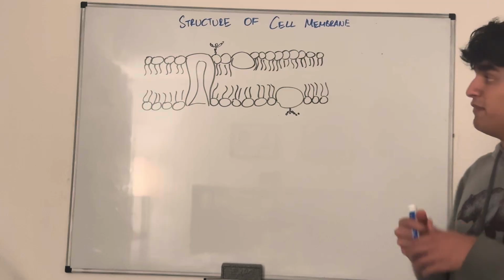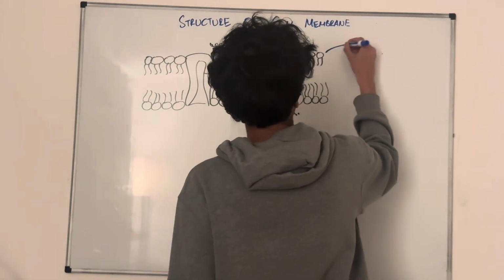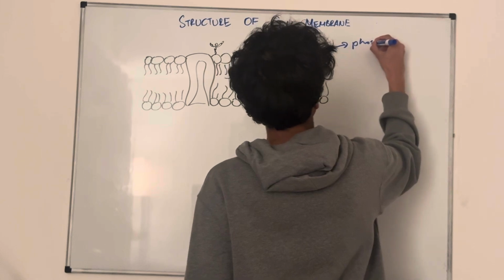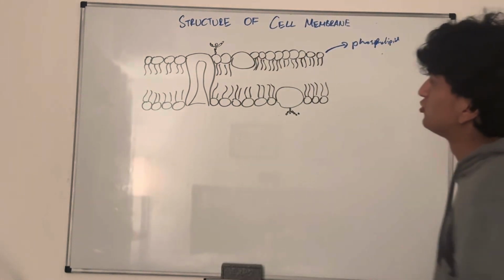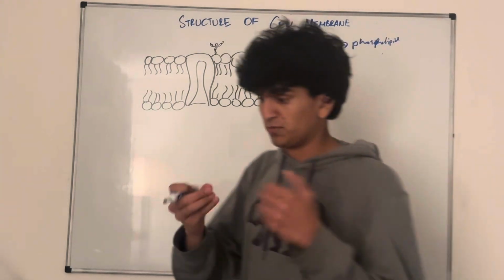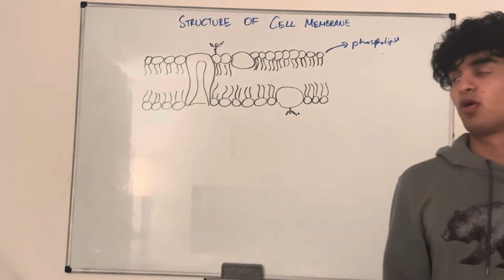Cell membranes are made of this bilayer of phospholipids. So right here are these phospholipids. You hear lipid, and you're probably thinking lipid, fat, non-polar. Lipids are non-polar.